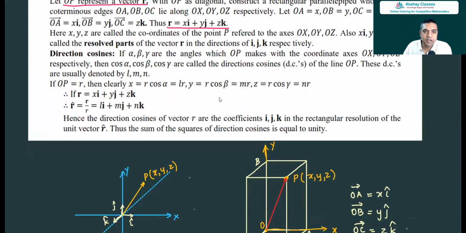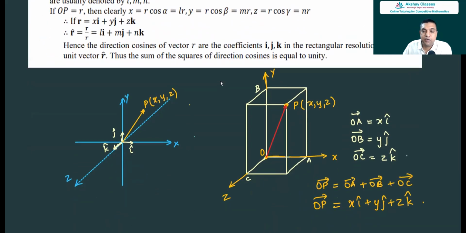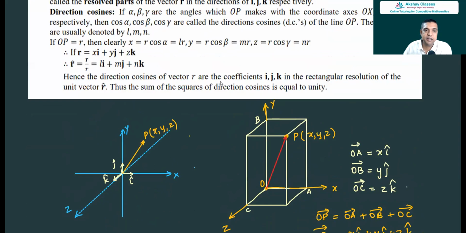Now this OP, let us say, makes angles with OA and the axes. So OP makes an angle of alpha with the x-axis, an angle of beta with the y-axis, and an angle of gamma with respect to the z-axis.